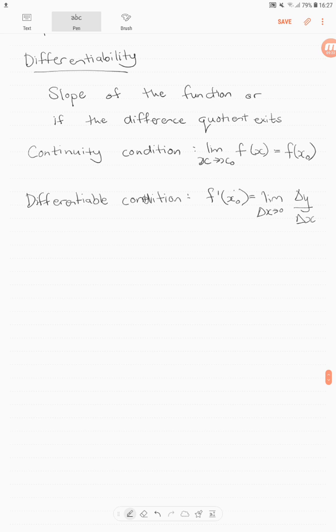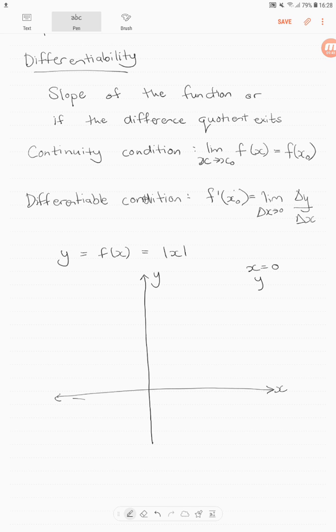To explain this, let's look at the absolute function. So y is f of x, and this is equal to the absolute value of x. If we look at this graphically, we know that if x is equal to 0, y is equal to 0.